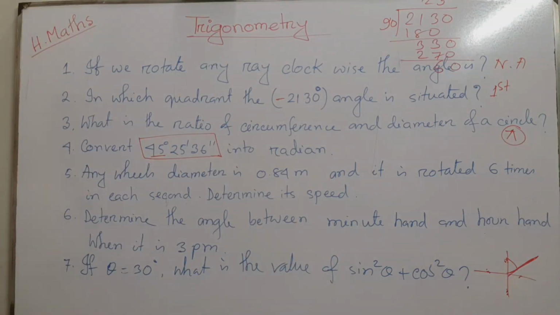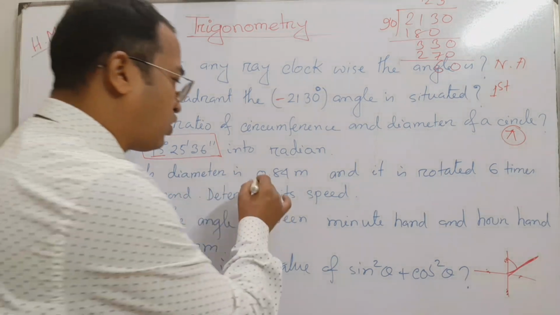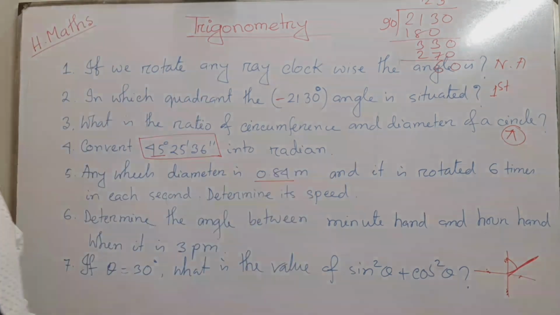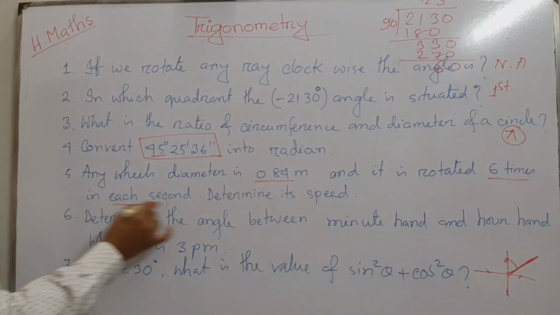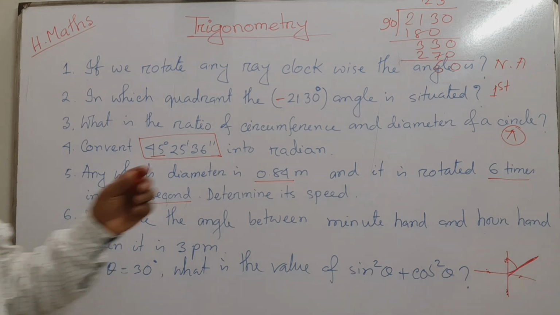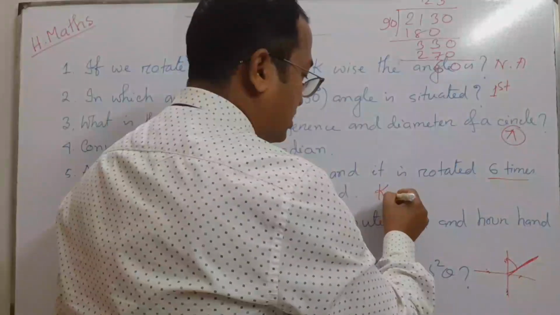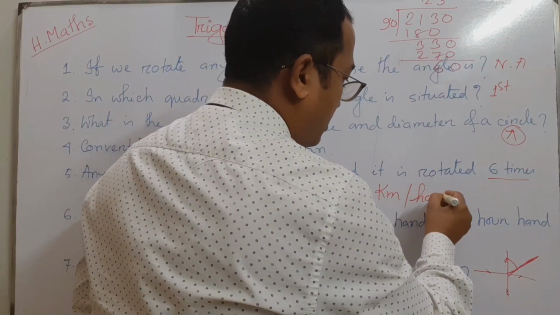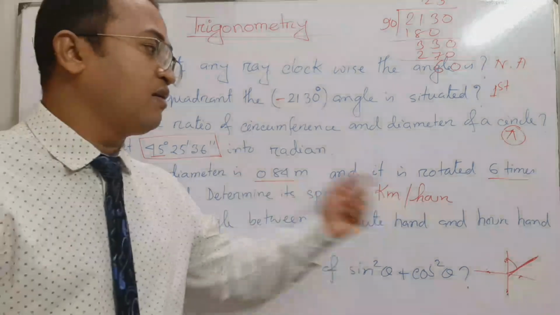Now 5 number question. Any wheel's diameter is 0.84 meter and it rotates 6 times in a second. Determine its speed. We know speed is always in kilometer per hour, so we should find out the speed in kilometer per hour.